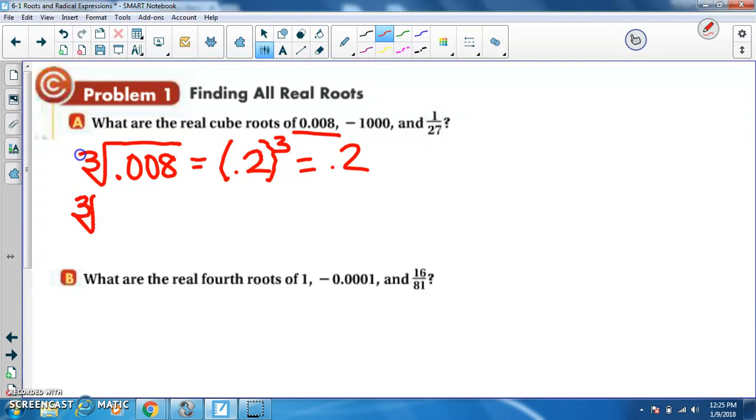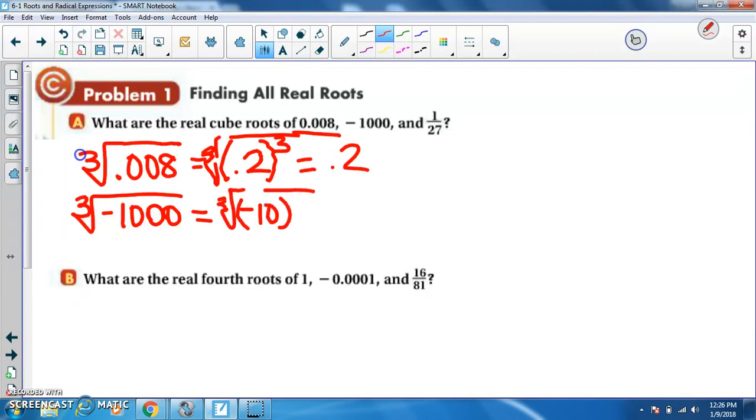The cube root of negative 1,000. What cubed equals negative 1,000? Well, negative 10 cubed equals negative 1,000. So the cube root of negative 10 cubed is equal to negative 10.